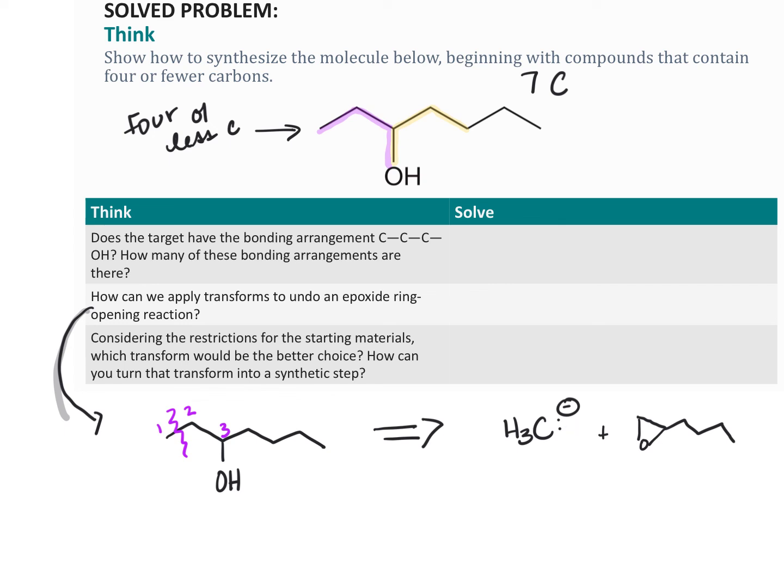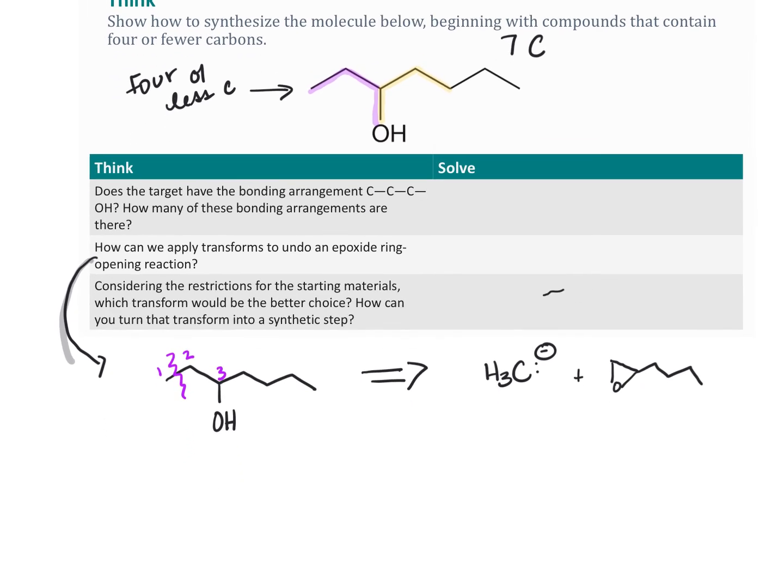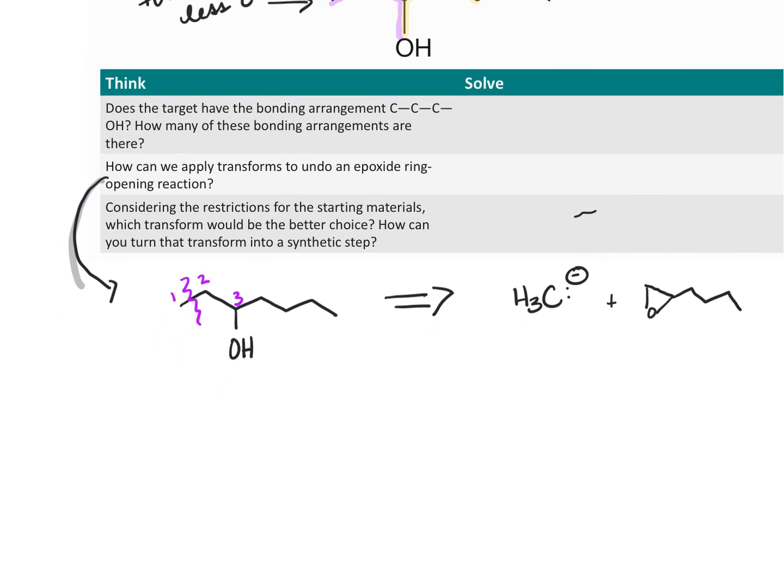But I also highlighted one in yellow. And so let's look at that one as well. So again, we draw our transform. Right? And in this case, this would be the 3, this would be the 2, and that would be the 1. And so we would need to divide it right there. Okay? And so when we did this, it'd be 1, 2, and then that right there would be the epoxide.